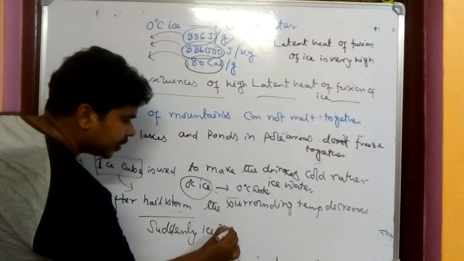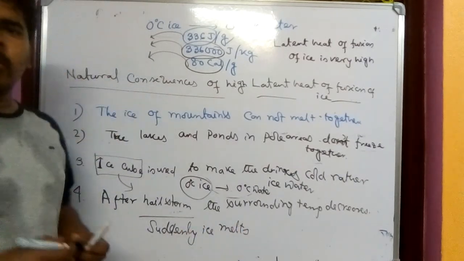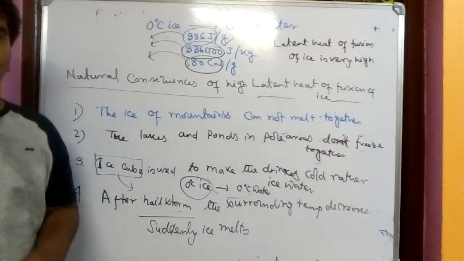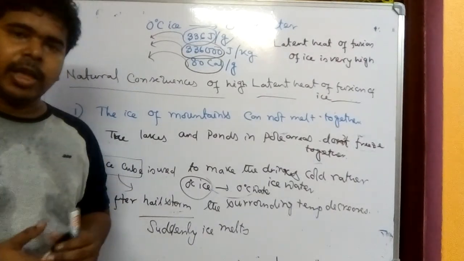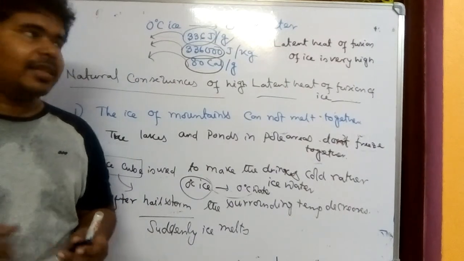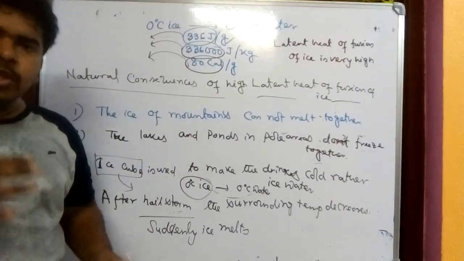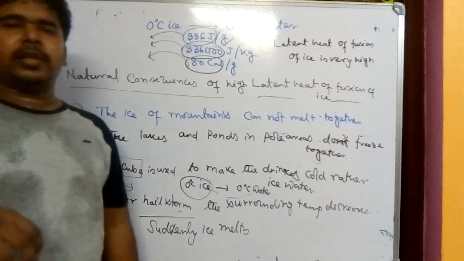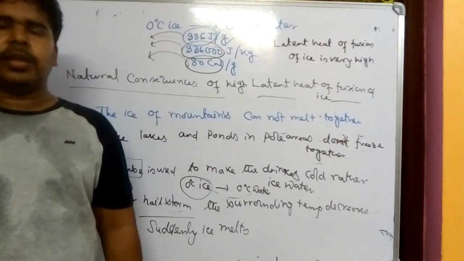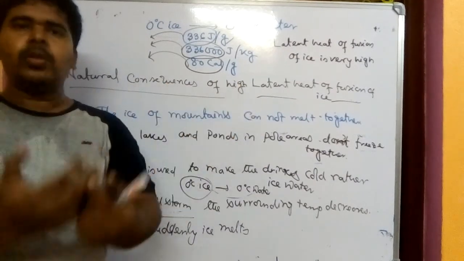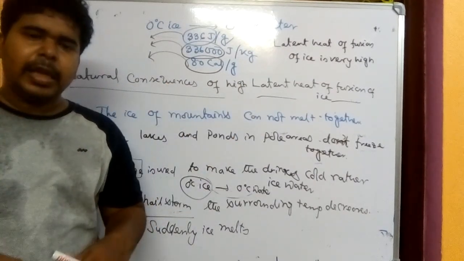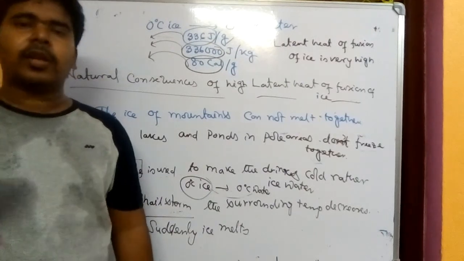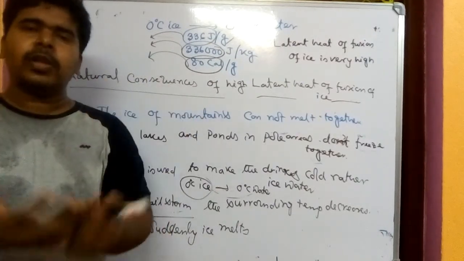When the ice melts, try to understand, it has to take this latent heat to change its state. If ice wants to melt, it has to extract heat energy from the surroundings to change its state. So from where will this ice extract heat? It will extract heat from the surroundings.